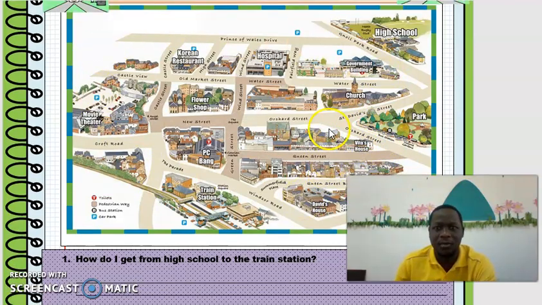So this is how the map of the city or town looks.